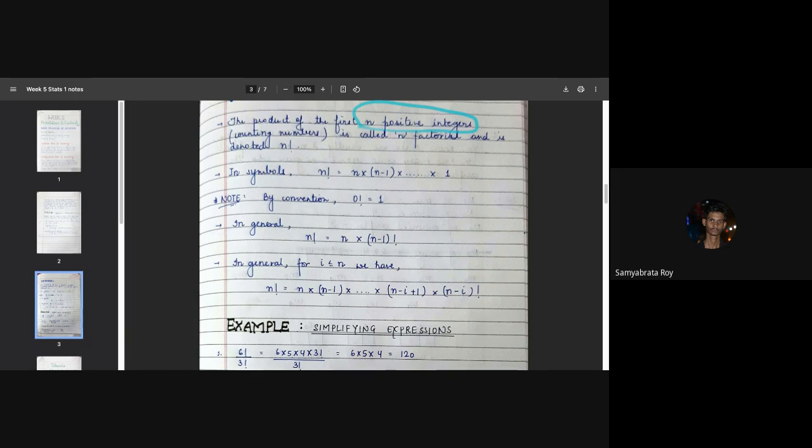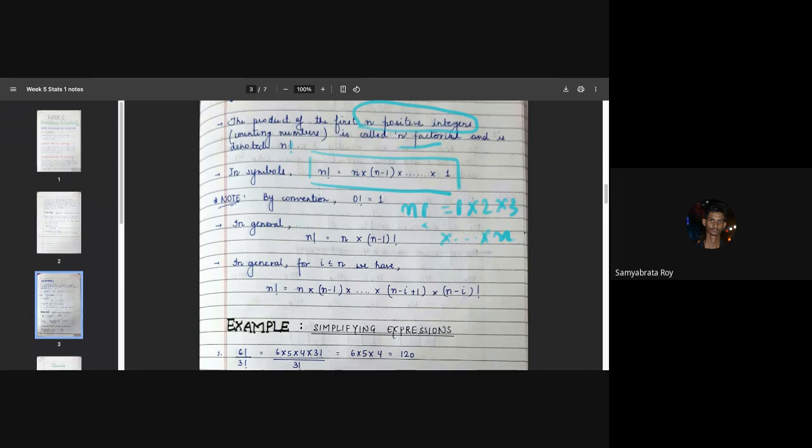It's called n factorial, and it is denoted by the n factorial sign. So if I am writing n factorial, I mean I'm multiplying 1, 2, 3, going up to n. Cool. This is the expression. I am assuming you all are aware of it.